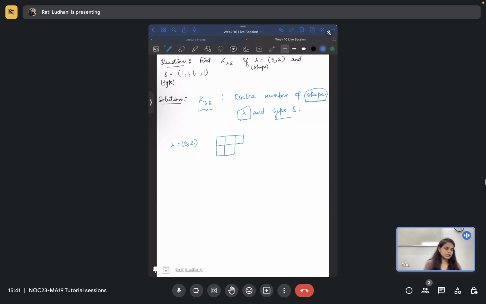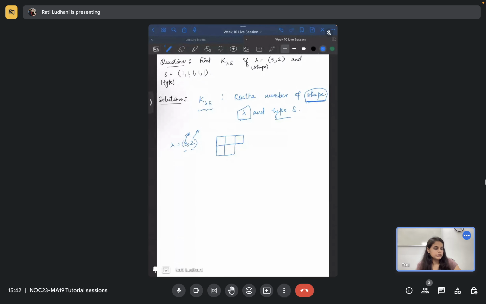It's like the Young's diagram for a partition. You consider three blocks in the first row and 2 blocks in the second row. This just represents the number of blocks in each row. And if you have 3 2 2, then you will make two blocks again in a third row. So this defines the shape.